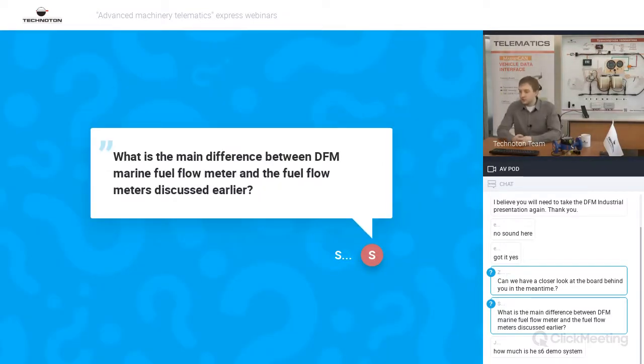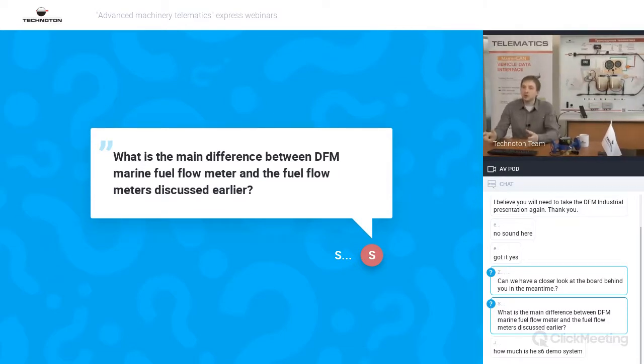What is the main difference between DFM Marine fuel flow meter and the fuel flow meter discussed earlier? The difference between marine fuel flow meters and the meters discussed earlier depends on the angle you're looking from. First of all, the flow meters that were discussed earlier can be used on a small application.